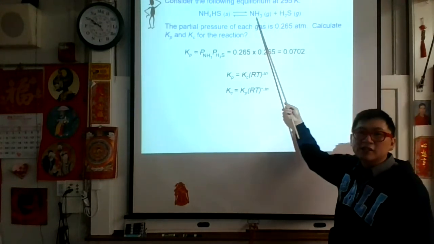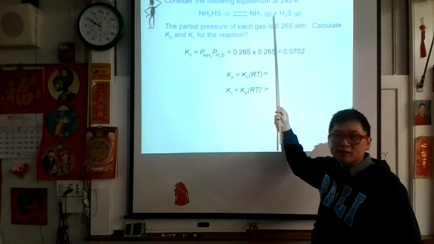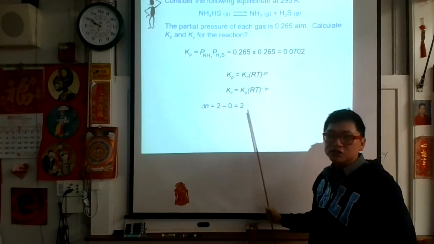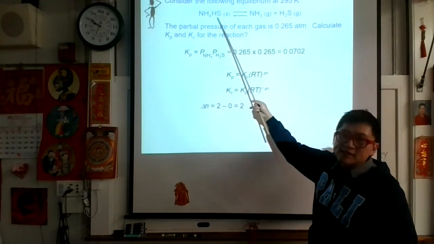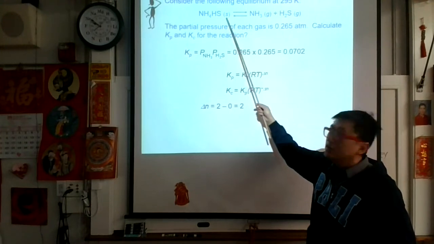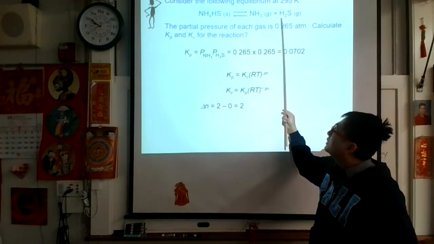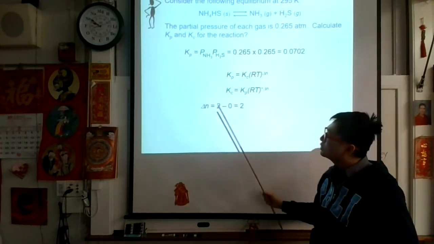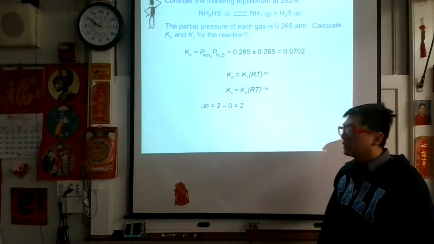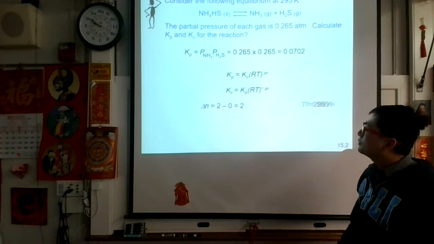Actually, I should have mentioned, these are only for gaseous products and gaseous reactants. There are no gases on the reactant side. So 1 plus 1 for the two gases is 2, minus 0, because the reactant is not a gas. So delta n is equal to 2.